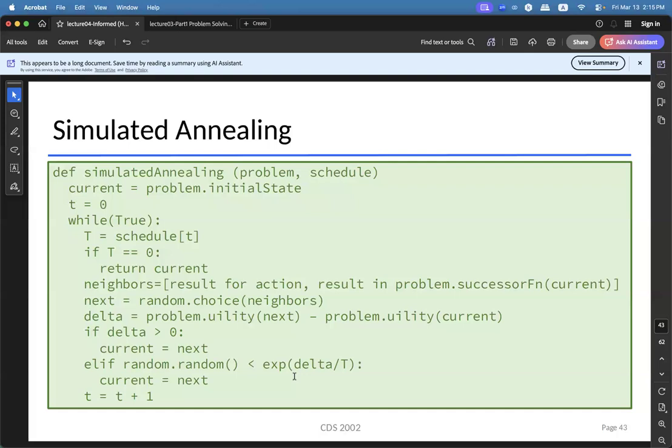The bad move will allow us to escape from the local optimum. I will use an image to illustrate it first.